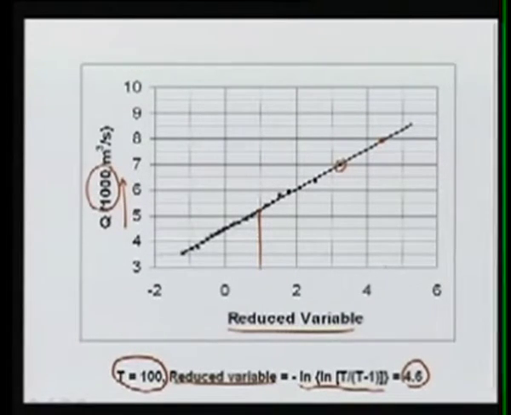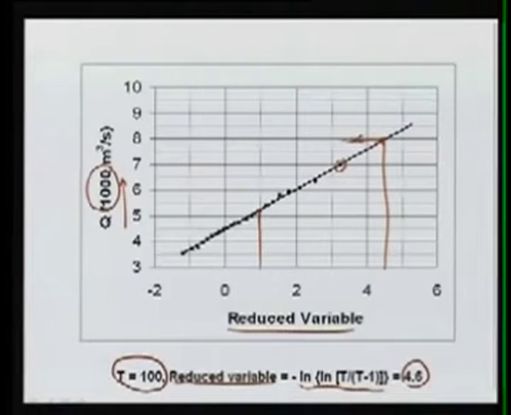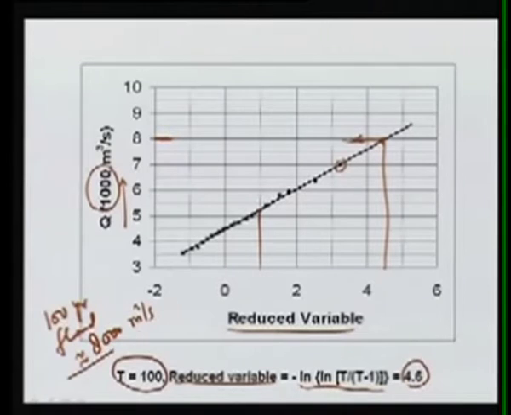So 4.6 will be somewhere here, and then corresponding to this we can estimate the value and obtain it graphically from this. Comes out to be about close to 8000 meter cube per second. So we can say that the 100-year flood is roughly 8000 meter cube per second.